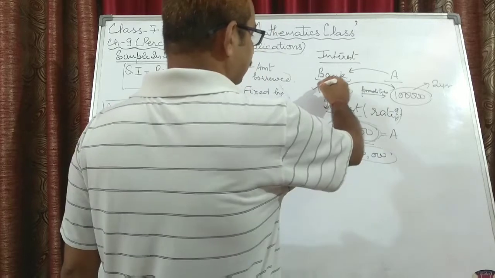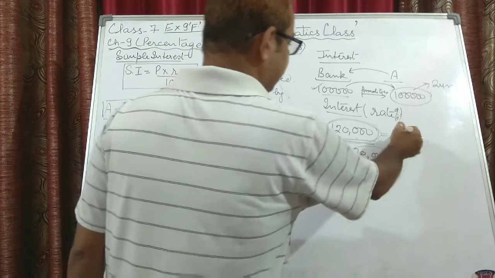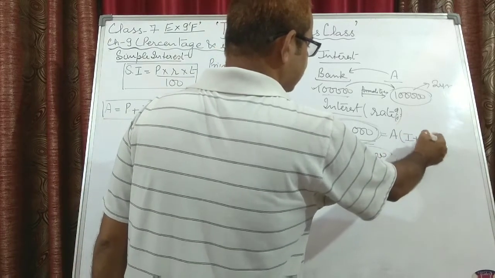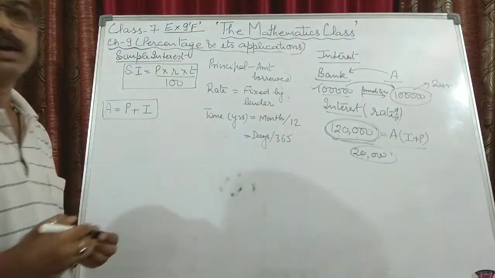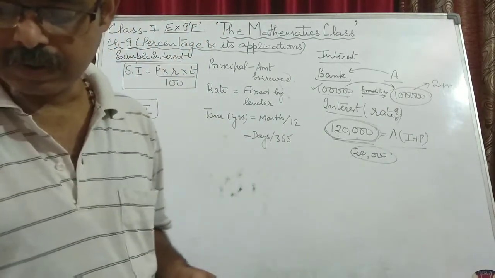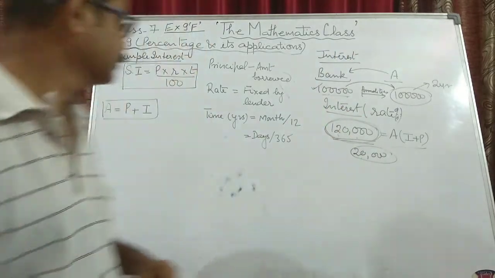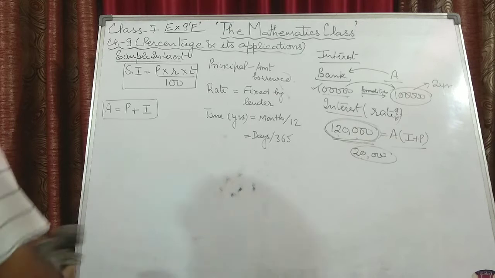Why? 1 lakh was the principal amount and 20,000 was the interest. So interest plus principal is the amount that is given at the end of clearing the whole balance.